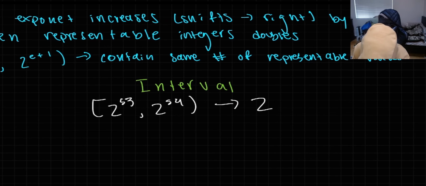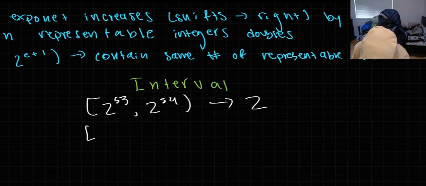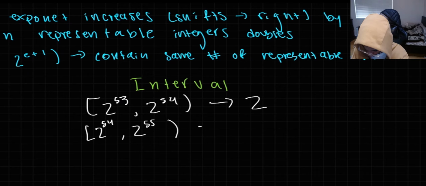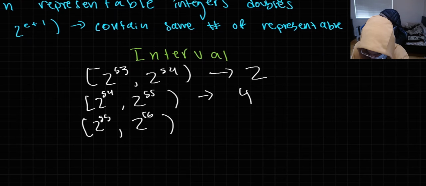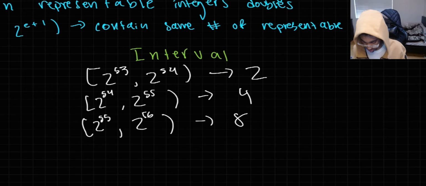And according to this equation, we can do 2 to the power 54 and 2 to the power 55, and our gap would double. It would be 4. And then we can do 2 to the power 55 and 2 to the power 56, and that would double. So this is pretty straightforward.